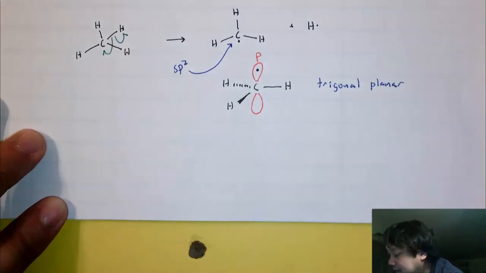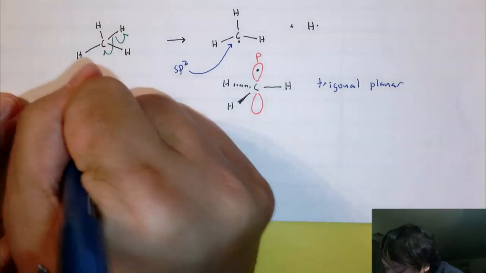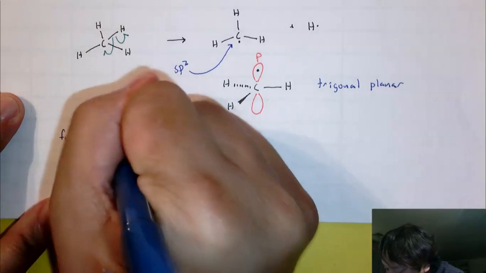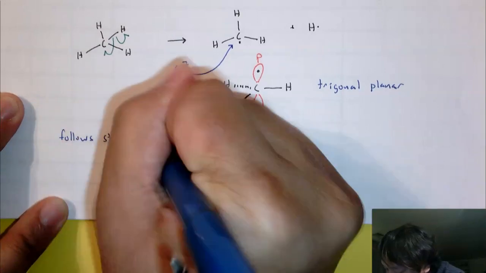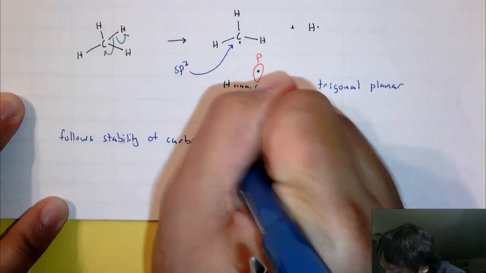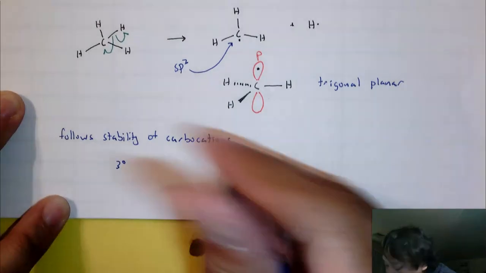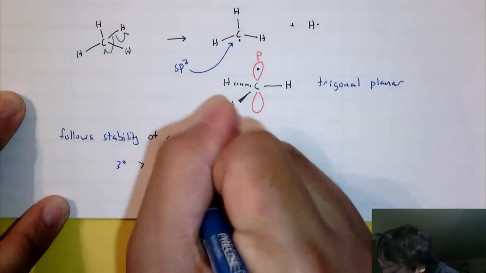The other thing is that it follows the stability of carbocations. Tertiary greater than secondary, greater than primary.